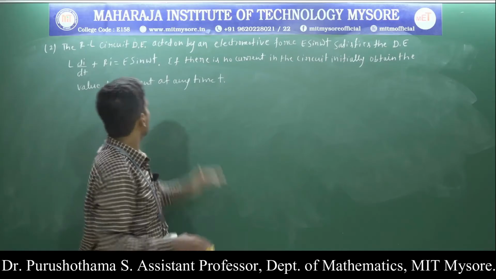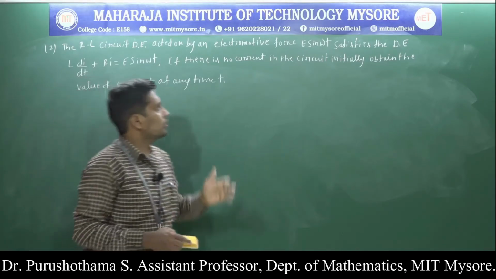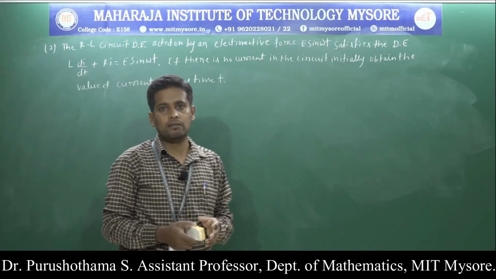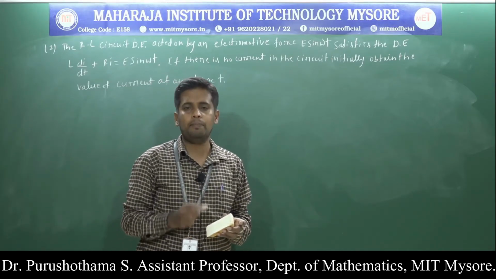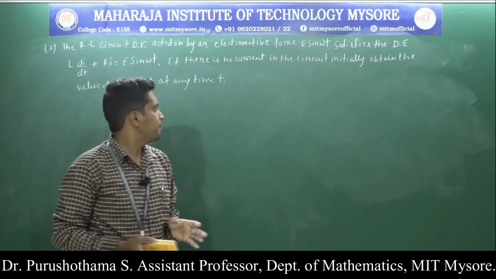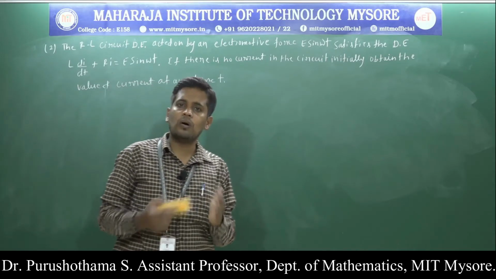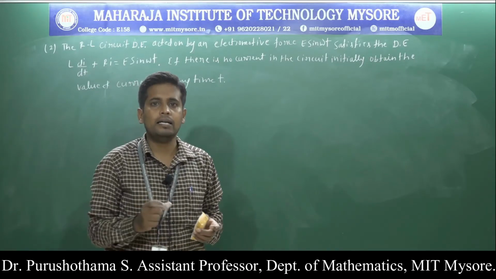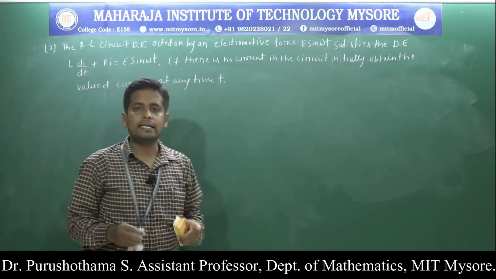In this question, they have given the electromotive force E sin ωt that satisfies the differential equation L·di/dt + R·I = E sin ωt. Initially there is no current in the circuit; using the given data, find the current at any time t.